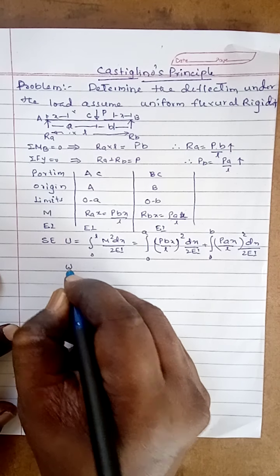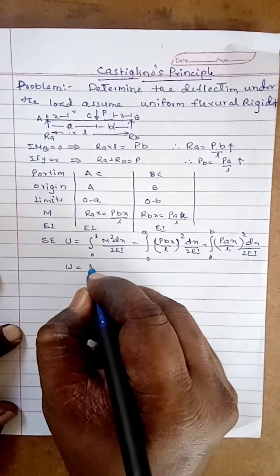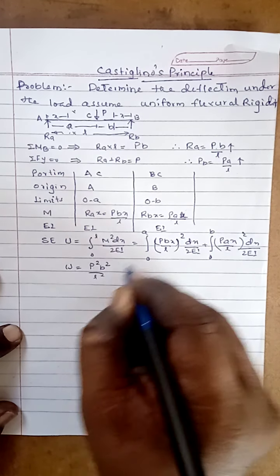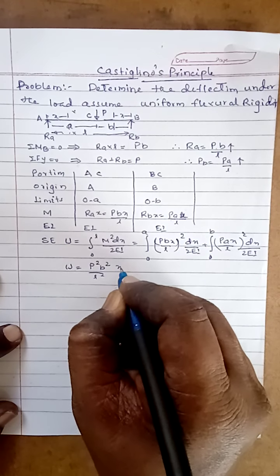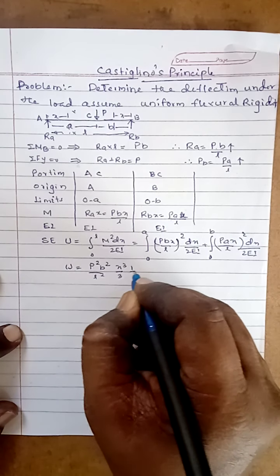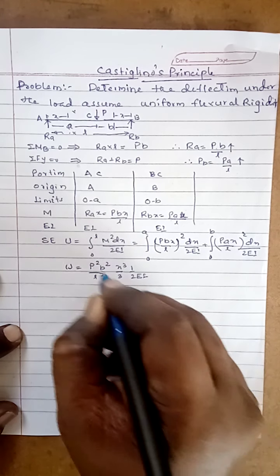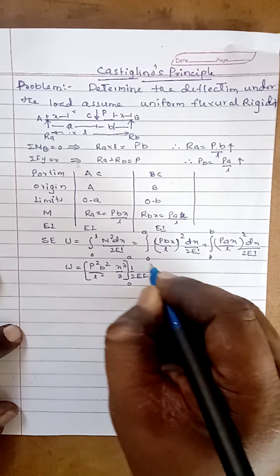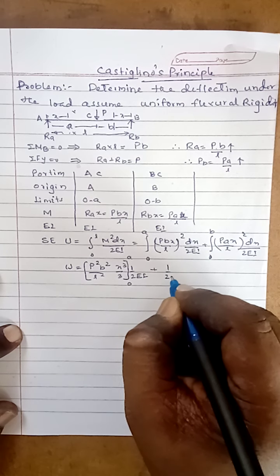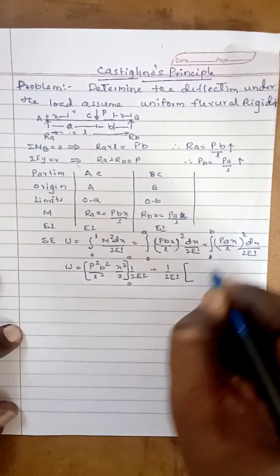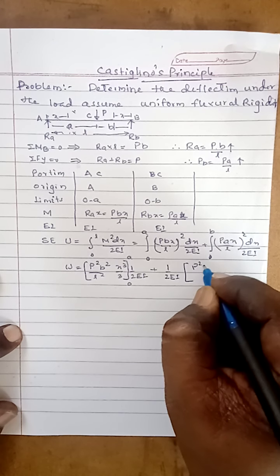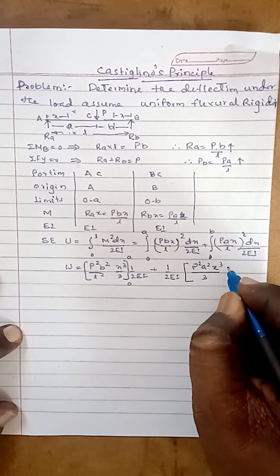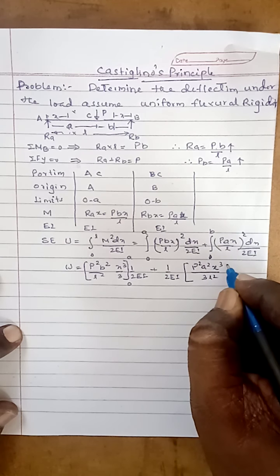Then U equals, by integration, P square B square by L square into integration of x square, which is x cube by 3, into 1 over 2EI, which is common in both the portions. The limits are 0 to A, plus 1 over 2EI into integration of P square A square x cube divided by 3 L square.